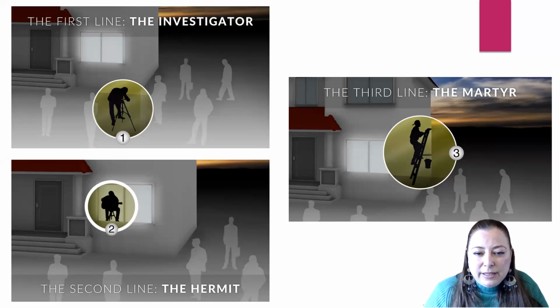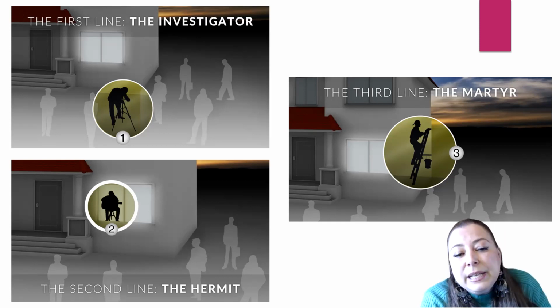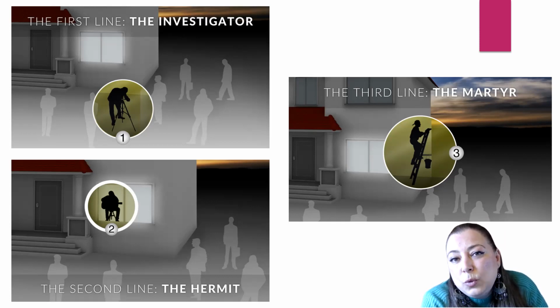The second line, the hermit, is not interested in introspection, totally doesn't investigate. They can be the paper tiger, and they're natural in their talents. They project them outside, waiting to be called by the outside world.